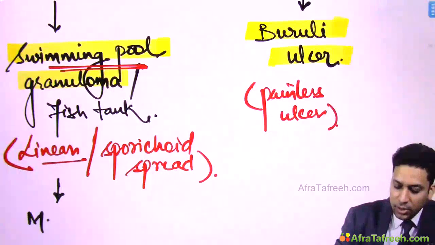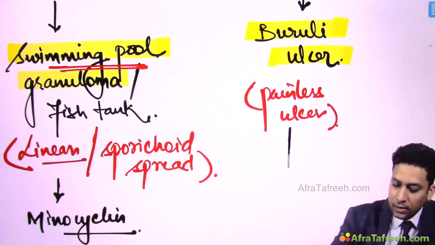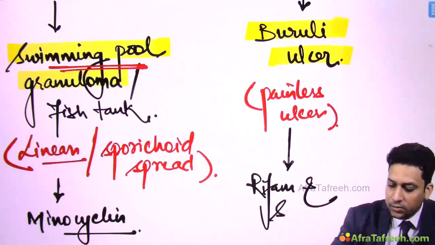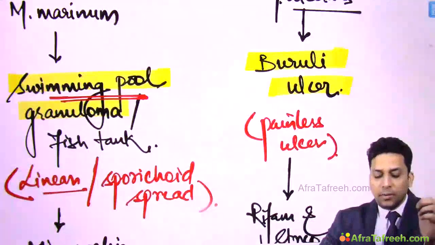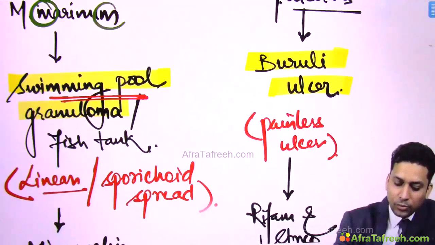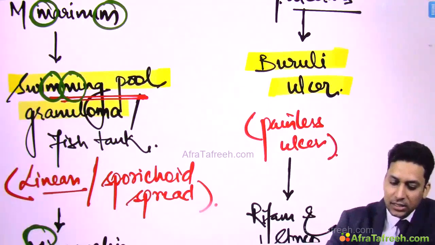Treatment here is minocycline, while here rifampicin and streptomycin is given. If you find it difficult to remember these points, there is a very simple mnemonic: marinum, MM, swimming, MM, treatment, M, minocycline. Similarly, ulcerans.